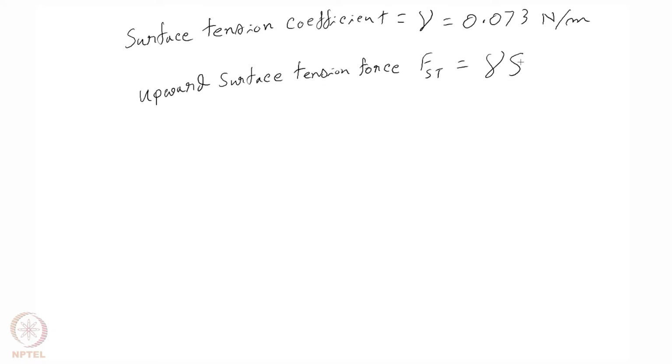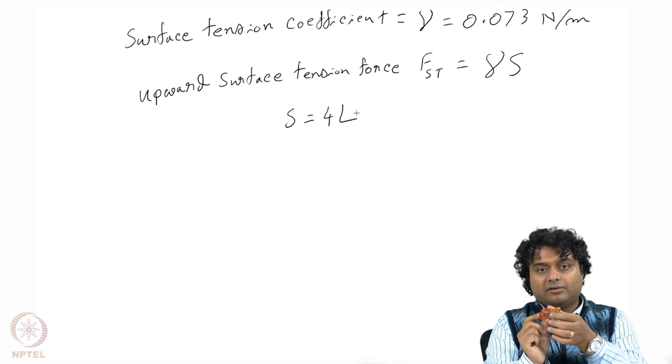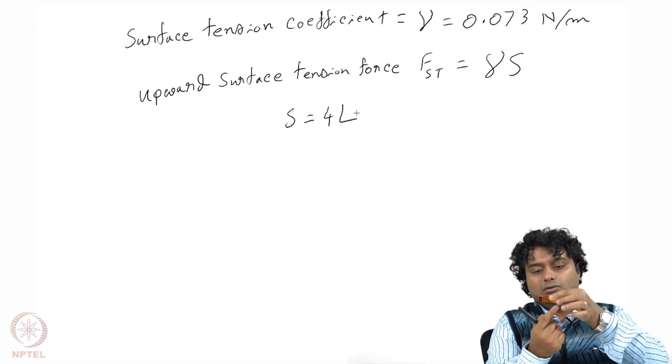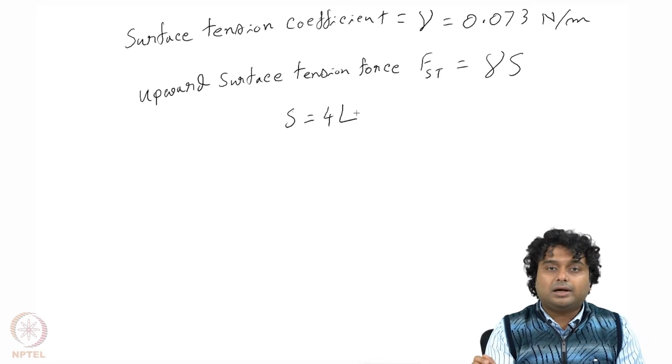What is this S? This S is actually the length of the interface or the perimeter of the glass block. So, what is this S in this case? As the block is like a cube, S equals, it has 4 sides in contact with the water, right. So, S equals 4 into L. It is like this glass block and it has 4 sides, 1, 2, 3, 4, right, and these 4 sides are in contact with the water.